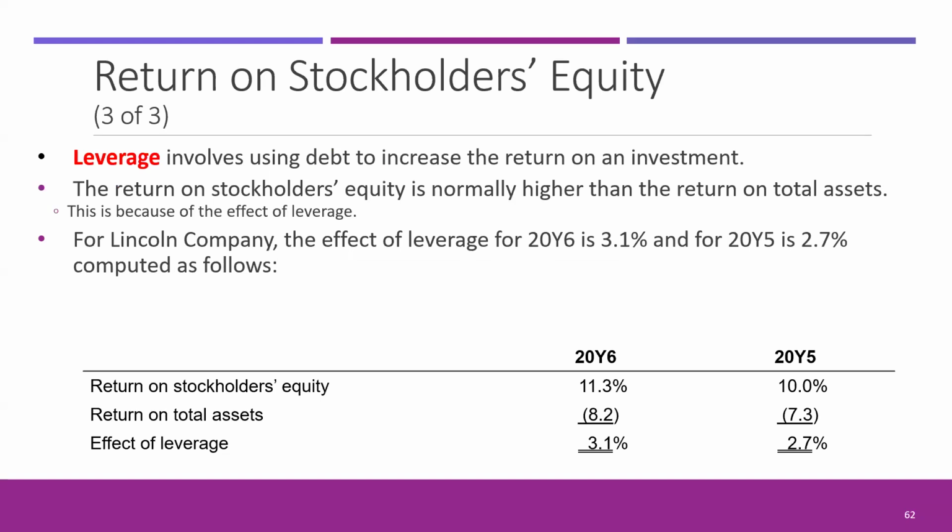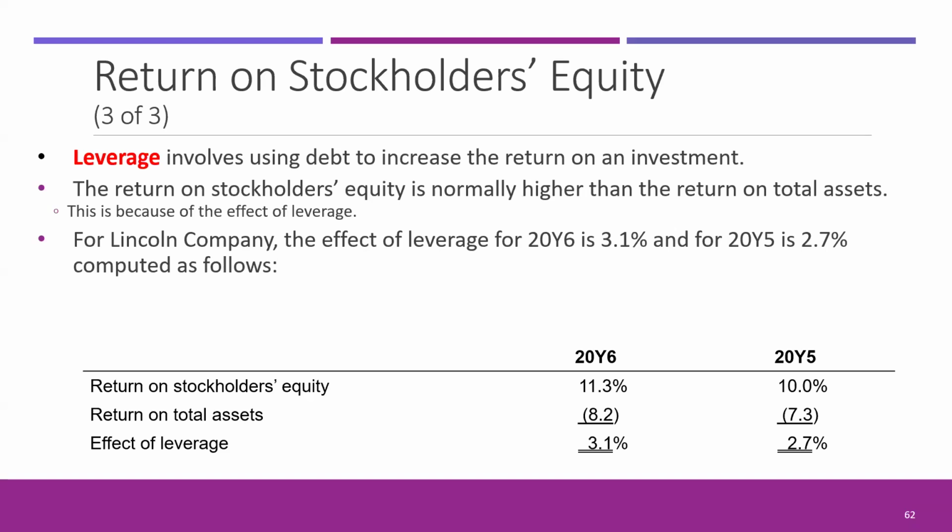So leverage involves using debt to increase return on investment. Return on stockholders' equity is normally higher than return on assets. For example, return on assets is 8.2%. Return on equity is 11.3%.